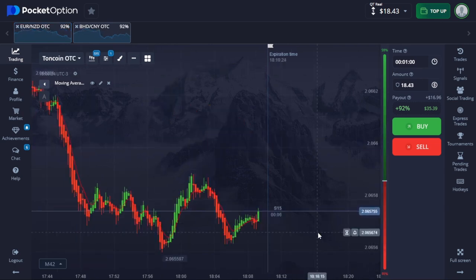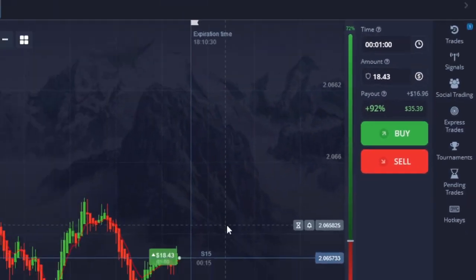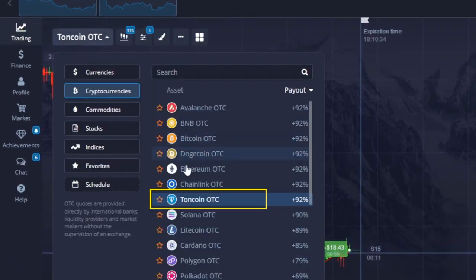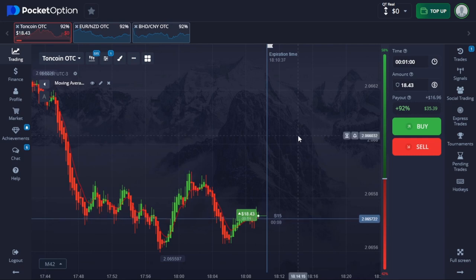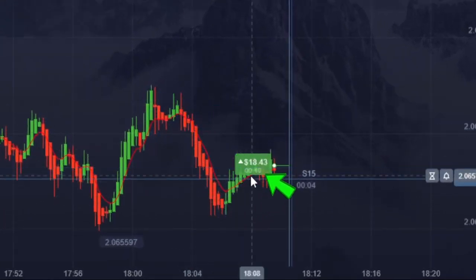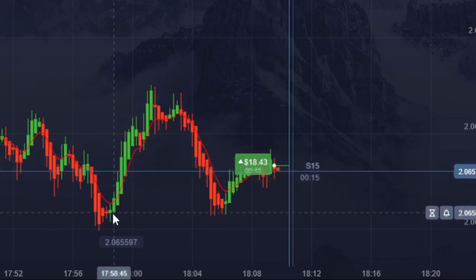Okay, we got another possible position in Coin OTC. I enter bullish on the buy button on the next candle. Why? The price dropped sharply and then showed a green candle, indicating an uptrend. I saw rejection in this area, so I entered bullish.